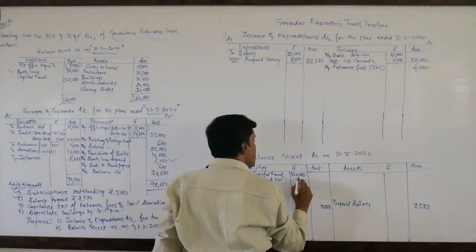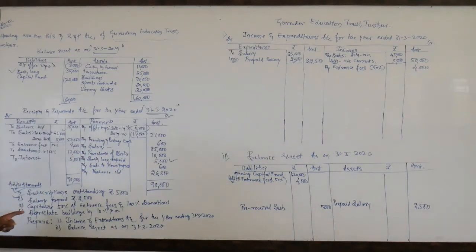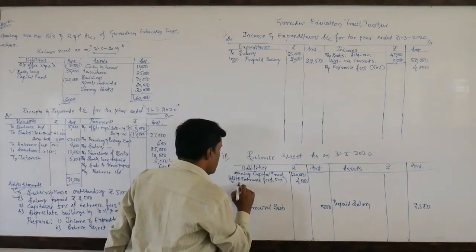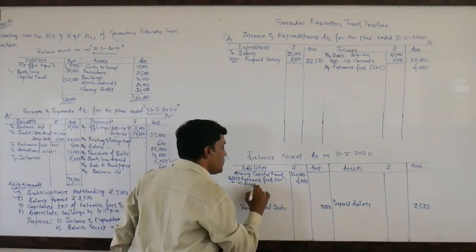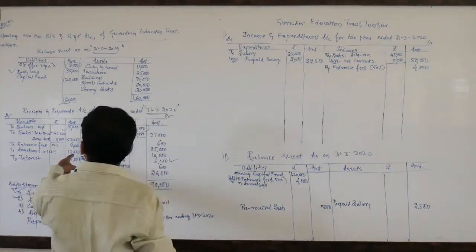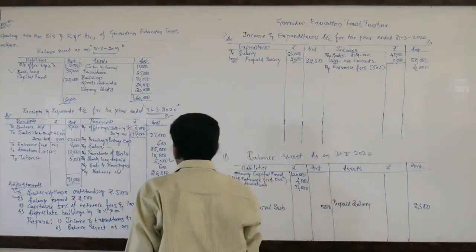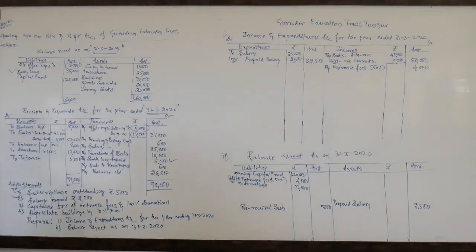So how much is it? Rupees 4,000. Then further, 100% donations. The entire donation is to be treated as capital. So second one, donations. What is the amount? Donation is rupees 12,000. So with this I have completed the third adjustment.